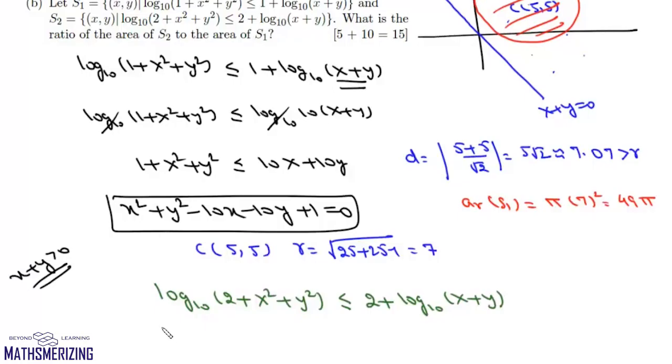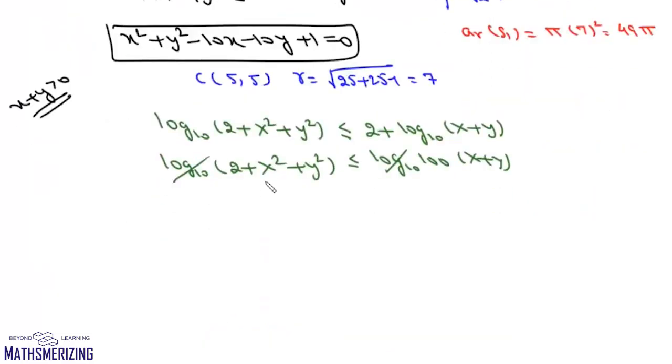Now we can write this as log(2 + x² + y²) less than or equal to log 100(x + y). Again we can cancel this log with log. So we'll get the area inside this circle, which is x² + y² - 100x - 100y + 2 = 0.